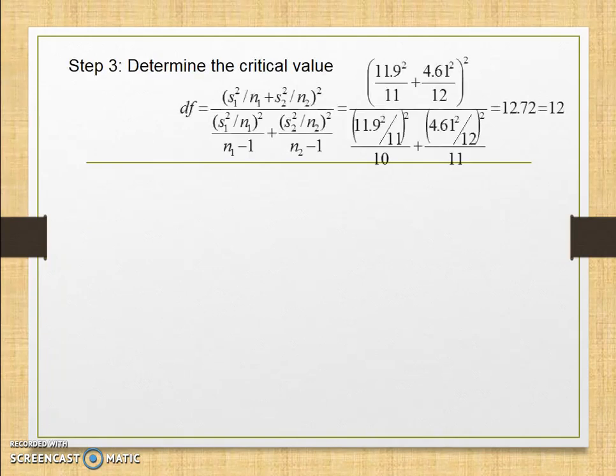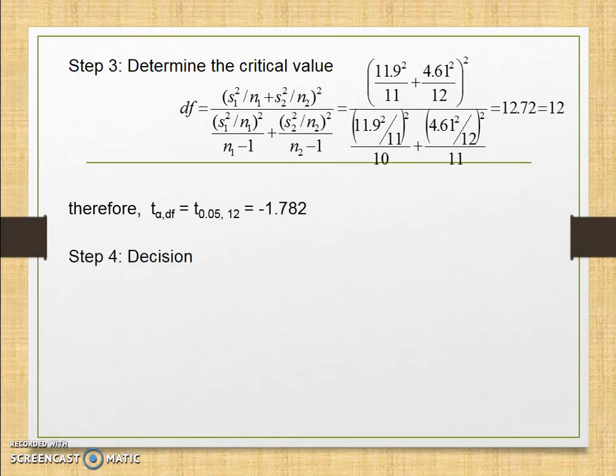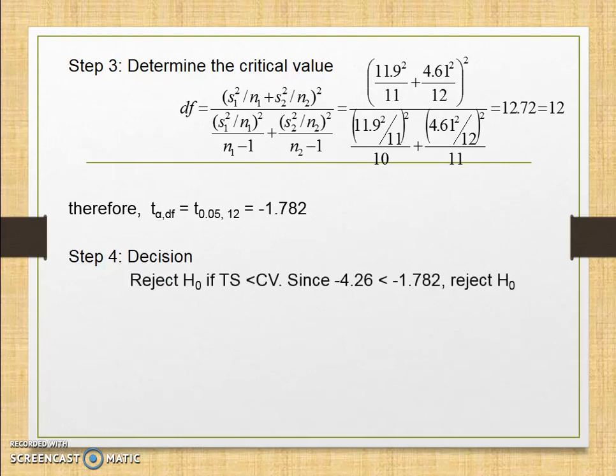Determine the critical value based on the statistical table with appropriate distribution. Step number 4. Make the decision either reject or not reject the null hypothesis. Step number 5. Write down the conclusion.